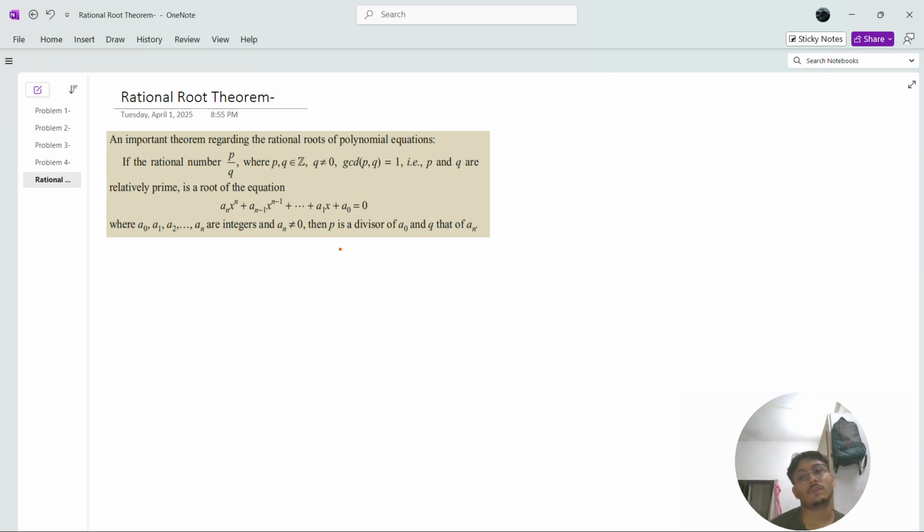Today's concept is a very important concept, the rational root theorem. From here comes its corollary, which is the integer root theorem. So today we are here with the rational root theorem.